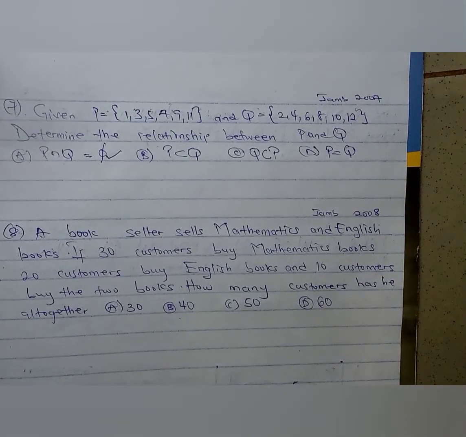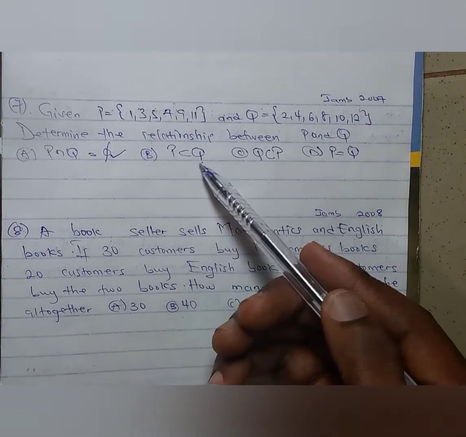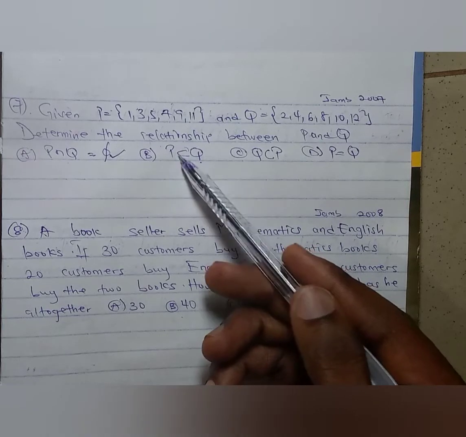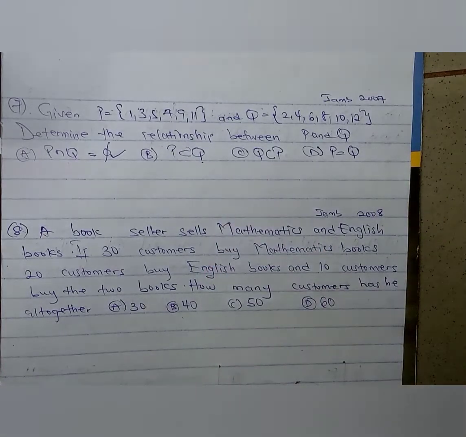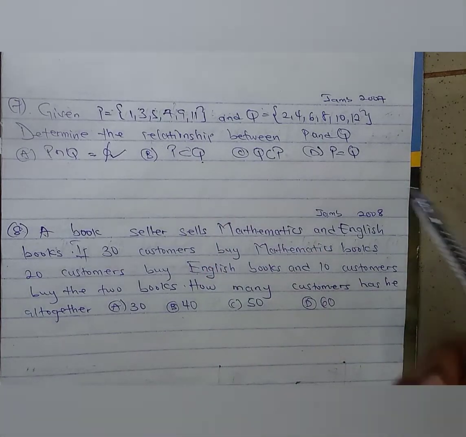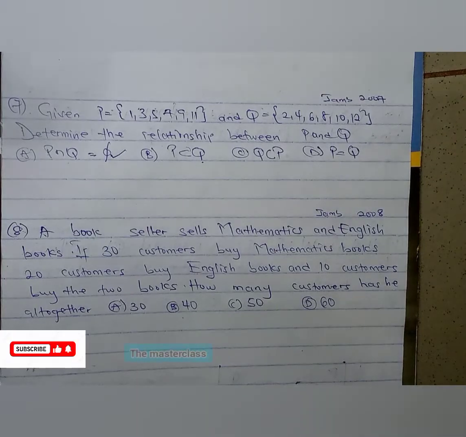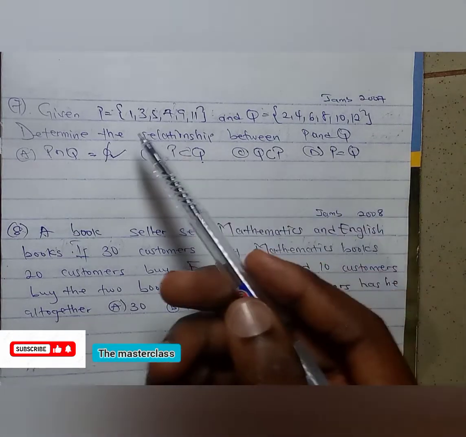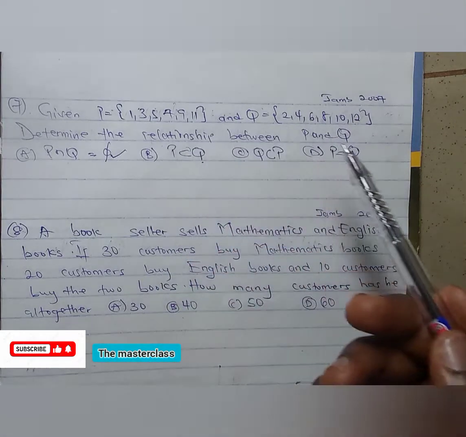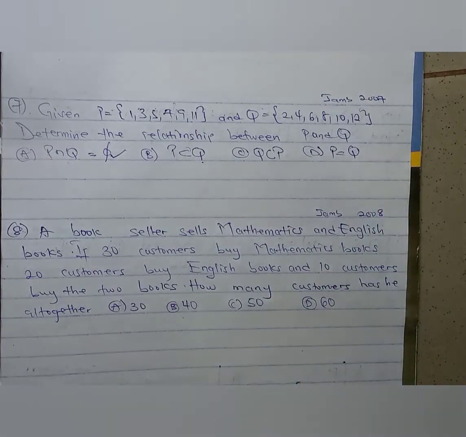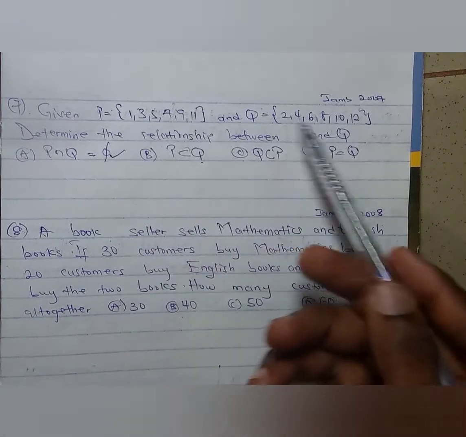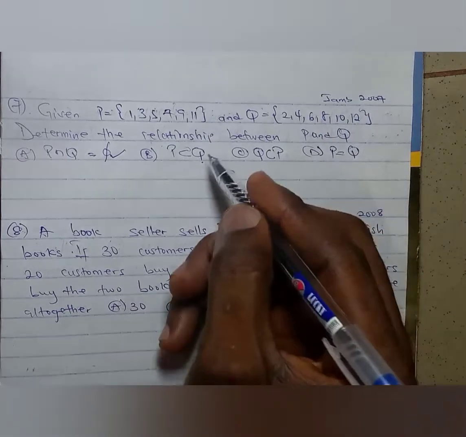Now P is a subset of Q. This sign means subset. The subset sign means P is contained or found in Q. But looking at this, there's no element of P found in Q, so this is wrong.